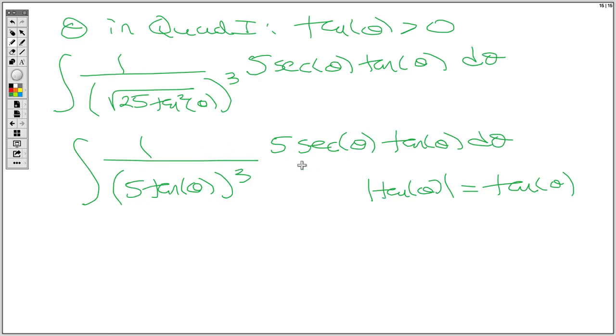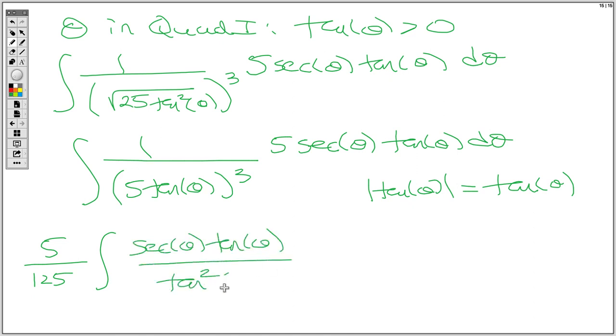So now I have to cube everything and see what I've got left over. 5 cubed is 125. I can bring that out as a fraction. I've got 5 coming out in the numerator, secant of theta, tangent of theta divided by tangent cubed theta d theta. And so I get 1 over 25 integral. Oop, it's tangent cubed, not tangent squared.